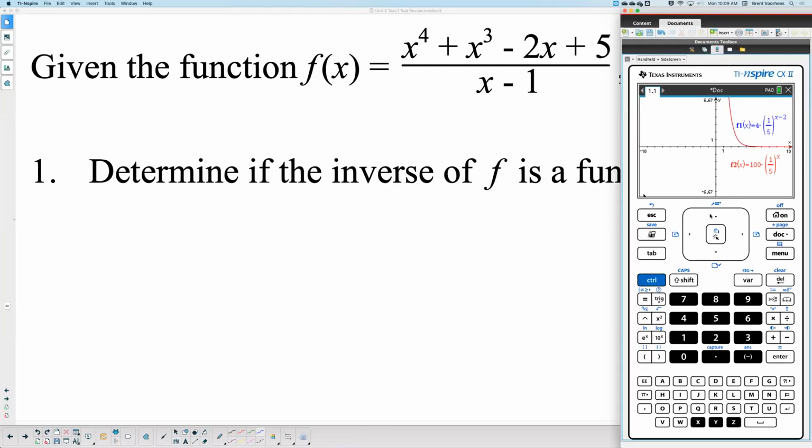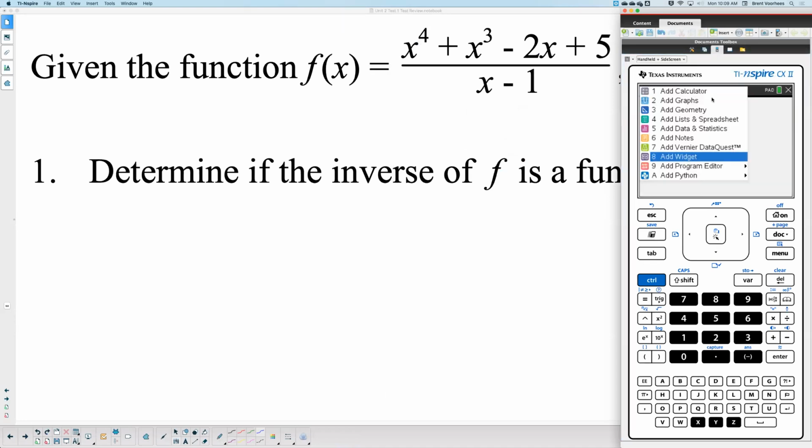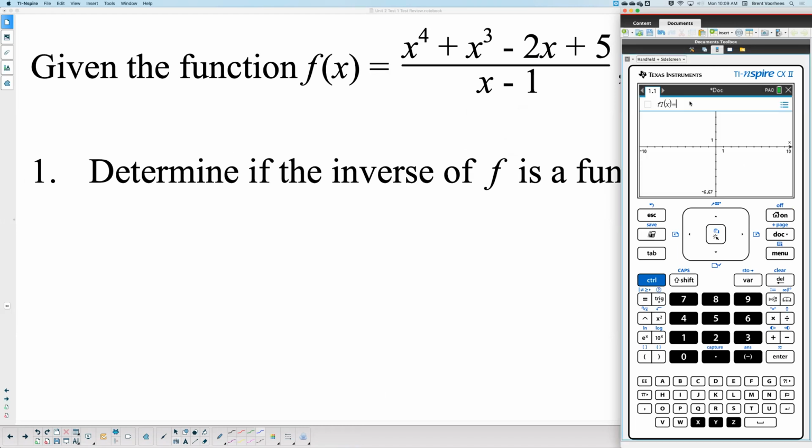Please graph with me. Going to a new document, not saving, just clearing everything out. We have x to the 4th power plus x cubed. I need to do a big division line. If you started too quick, you can hold down the shift button to highlight the whole thing, going left or right. I'm going to hit control divide, so it gives me a fraction.